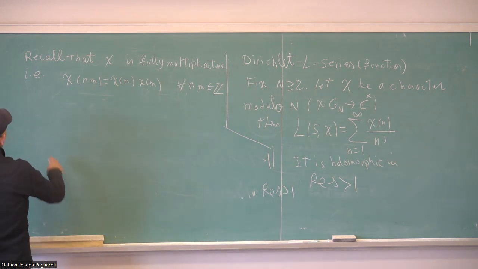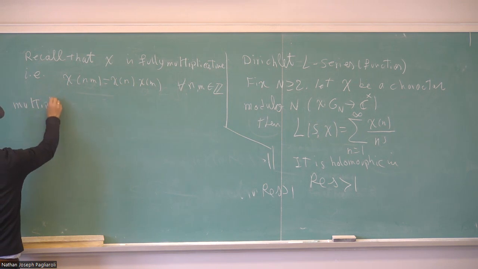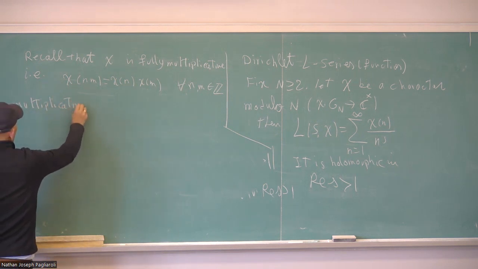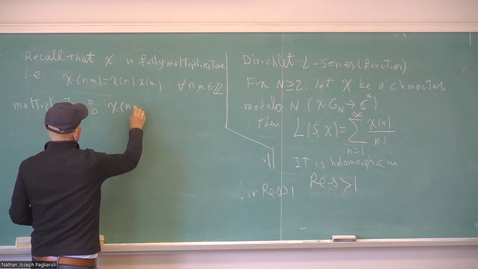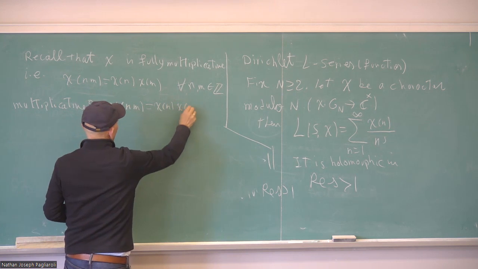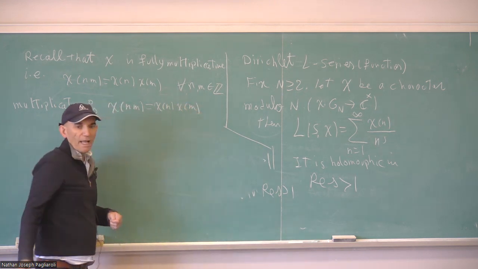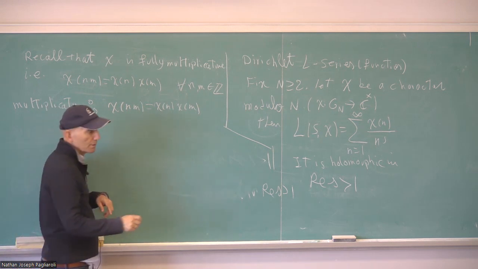And the multiplicative condition was just one condition: that chi(nm) is equal to chi(n) chi(m) only if n and m are relatively prime, only for those pairs.